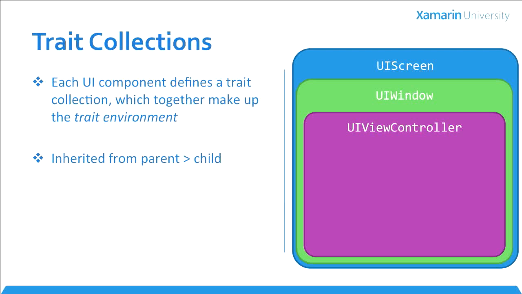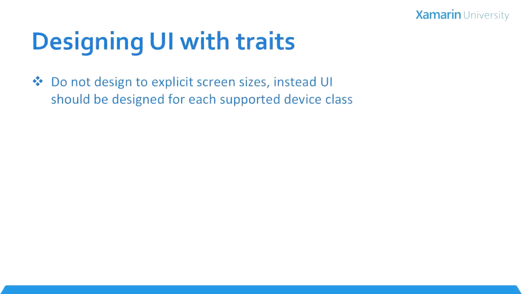However, we can override the traits, perhaps when in landscape would make the most sense. So in the landscape orientation, we can force the horizontal dimension to a regular size class, where it's by default a compact size class on a phone. And when we do that, it's actually going to show the split view controller with that master detail, that split plane view, on an iPhone.